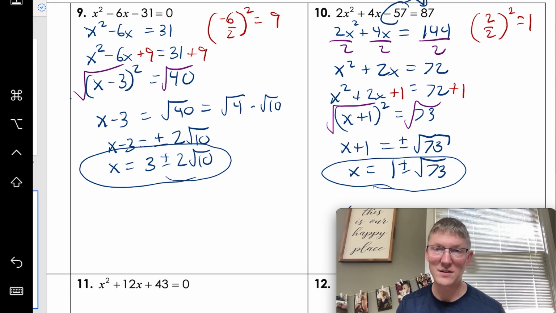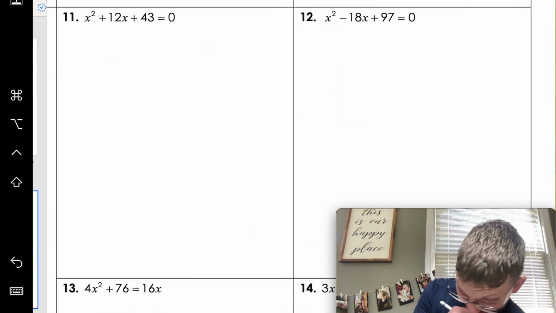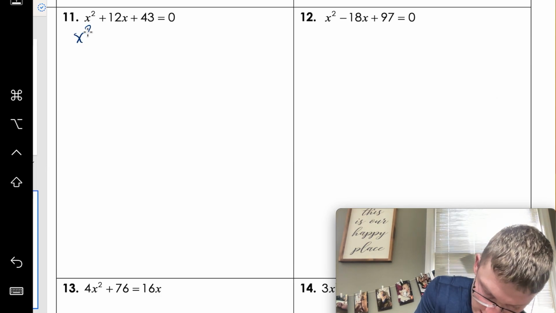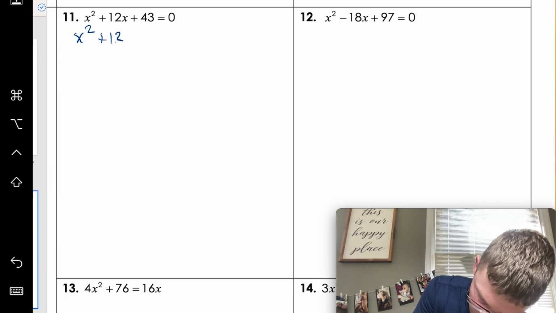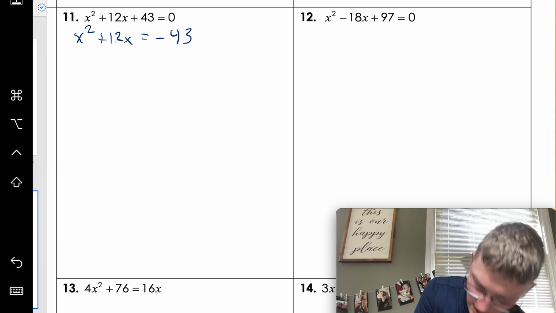We're going to try these next two examples together because they might be a little complex. Let's joke in there somewhere. So we're going to do the exact same process here. We've got x squared plus 12x. We're going to move that 43 over, so we're going to have equals negative 43.